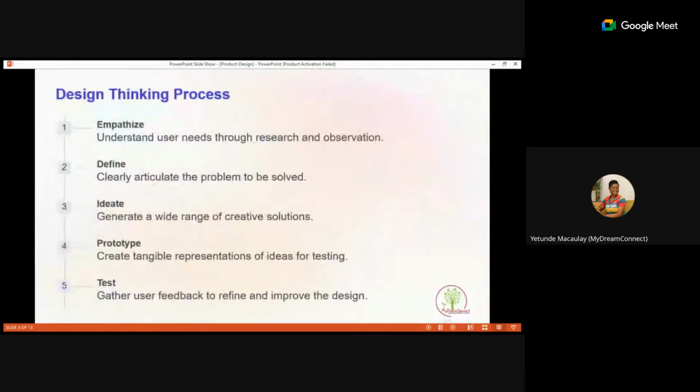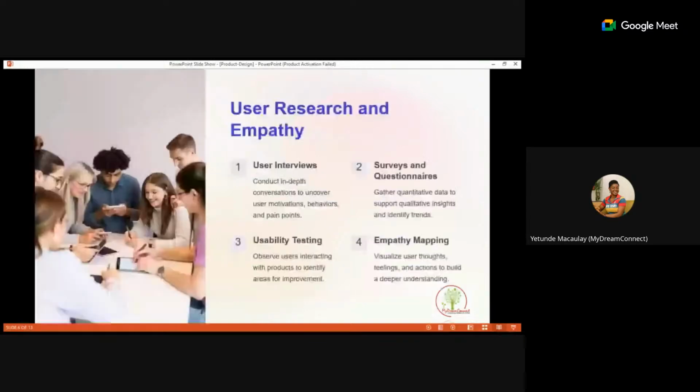In your discussion, I will expect that you pay attention to the design thinking process of empathizing, defining, ideating, and then we'll prepare for the prototyping process of design thinking.